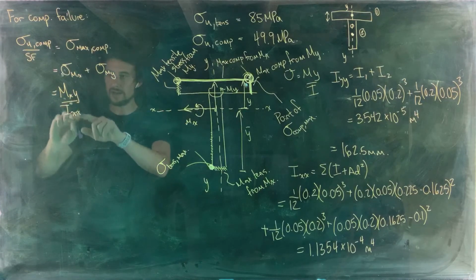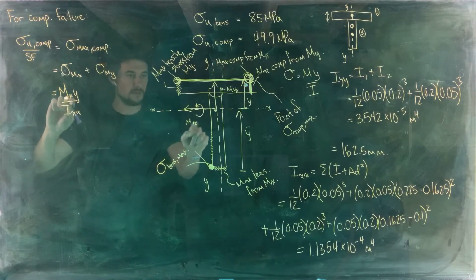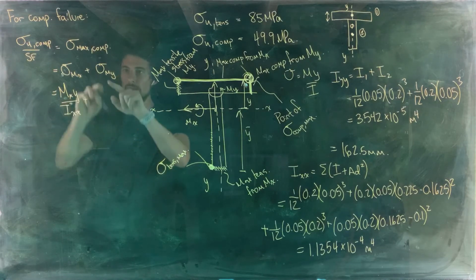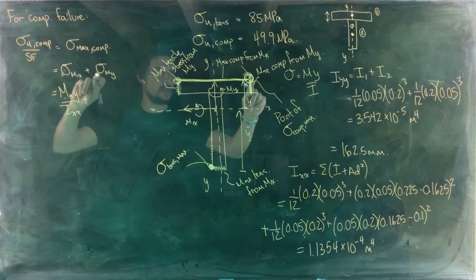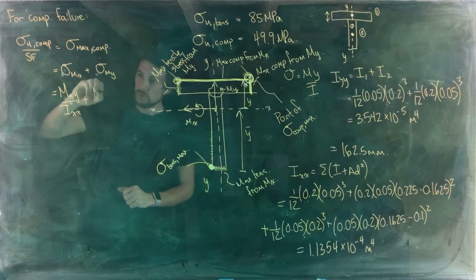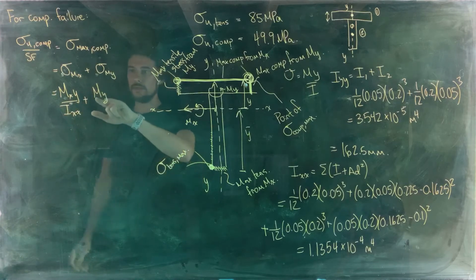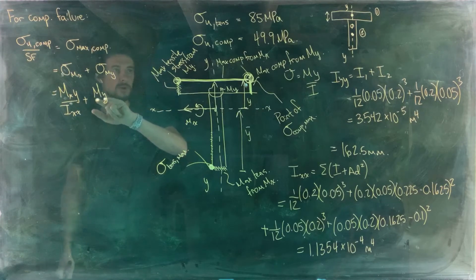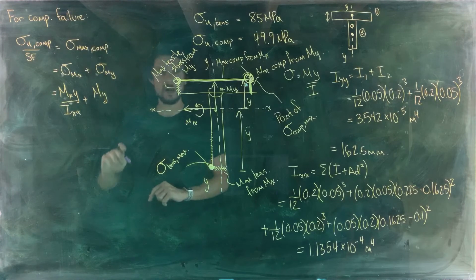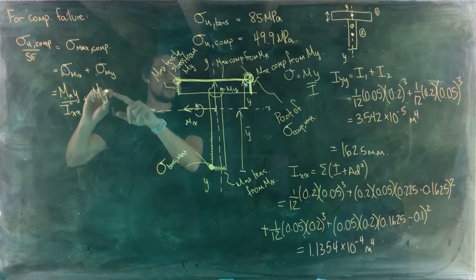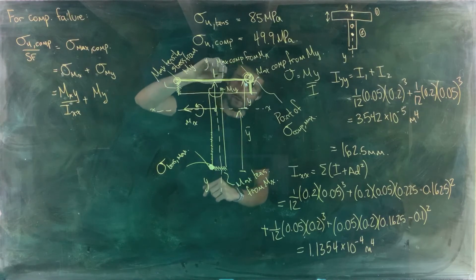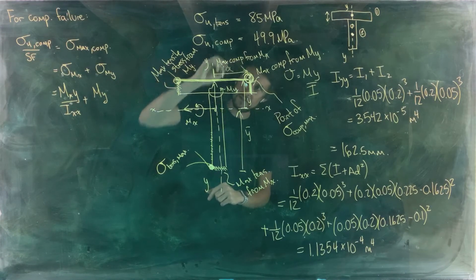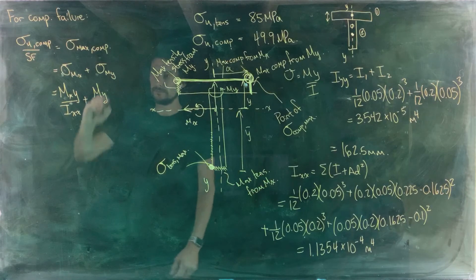We need to use I_xx if we're using the component of M that's about the x-axis. And then for our component of the stress caused from M_y, we want to be considering the component of the moment that's about the y-axis, M subscript y, and then the distance that our point of interest is away from the y-axis. So here we go. Let's just call that distance a there.